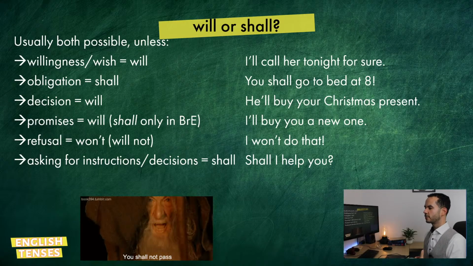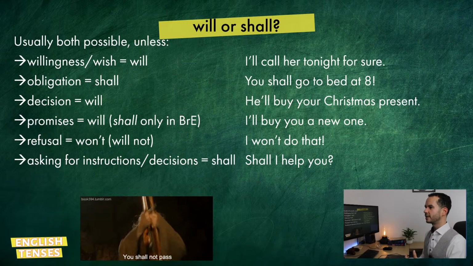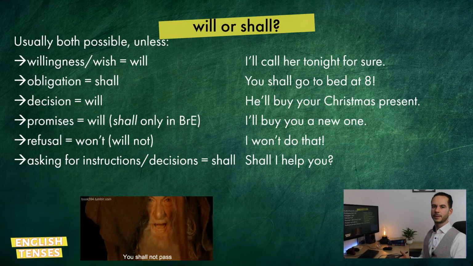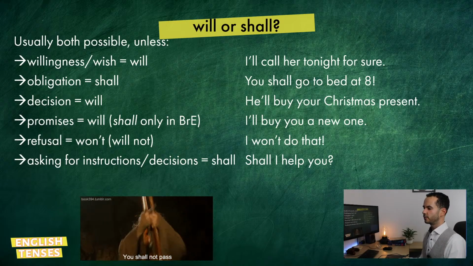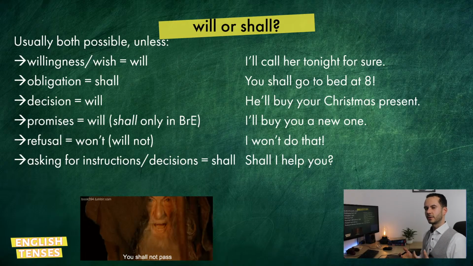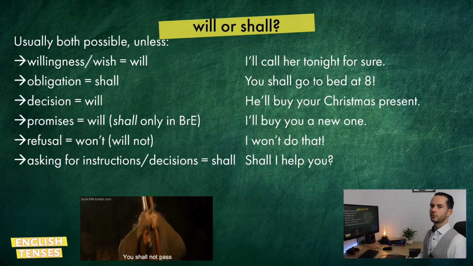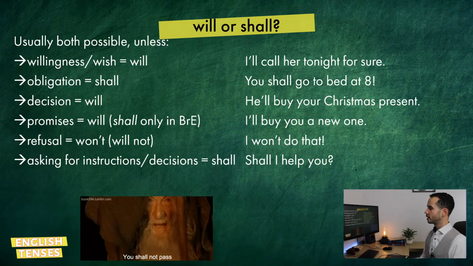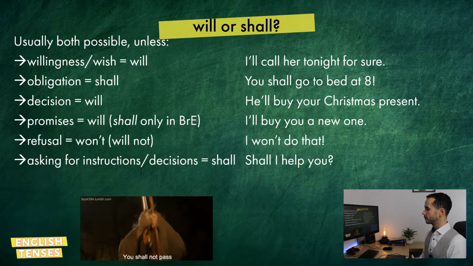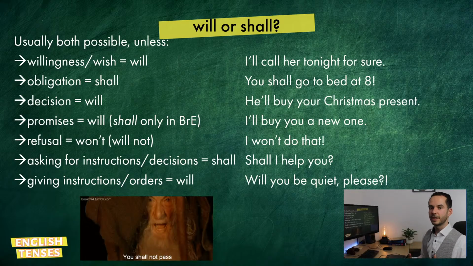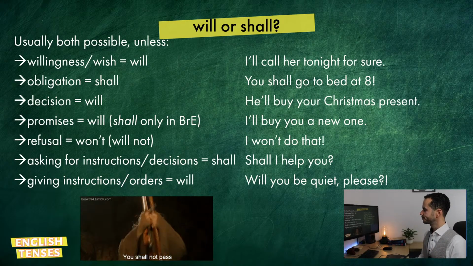And if you have a large language aptitude, you might think that the question, will I help you, sounds a bit weird in that context. Because if you would say, will I help you, it kind of sounds like you're doubting whether someone will help you. And that's of course not what you want to do when you want to give instructions or a recommendation, or you want to help someone.